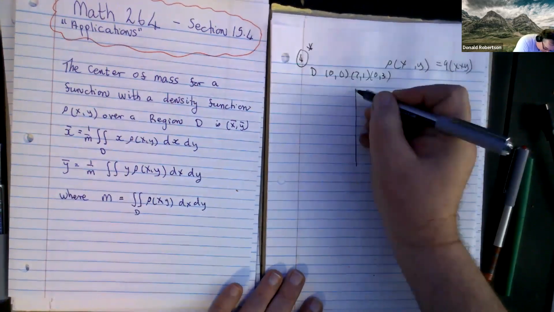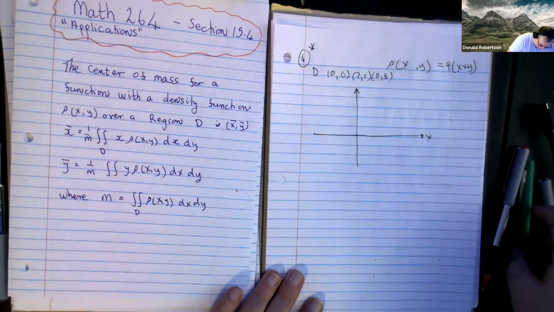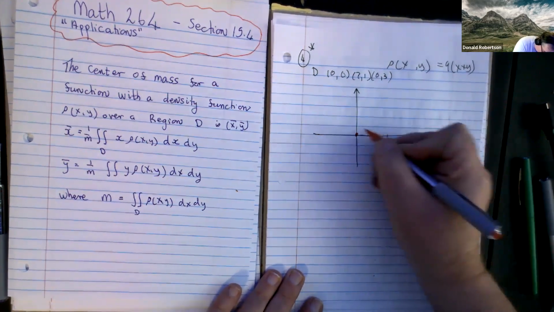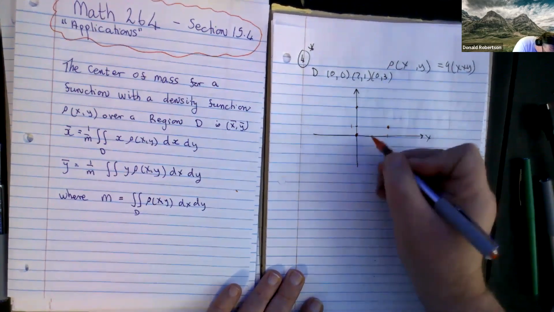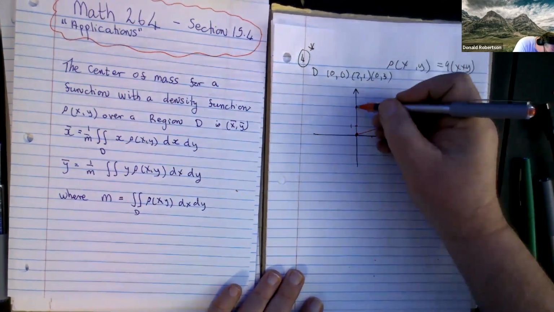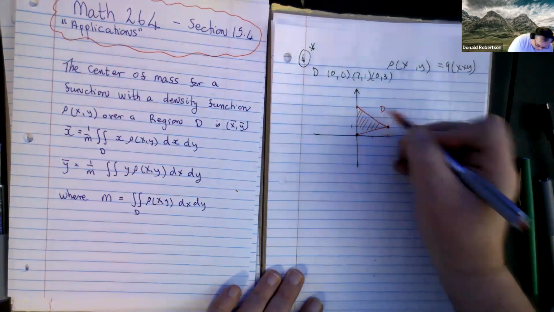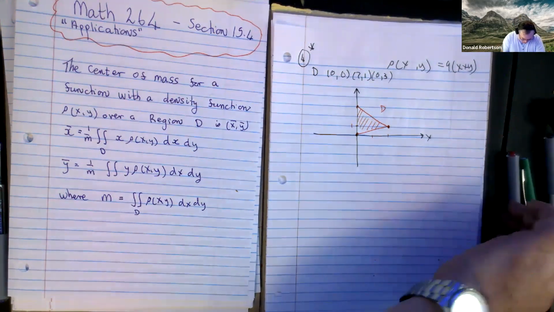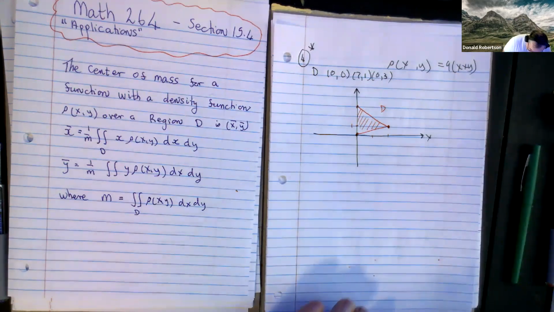So let's draw the region. (0, 0), (2, 1), (0, 3). And that's my region D. Now, if you want to describe this region, we have to do it in terms of x's and y's, because there aren't any circular things going on.